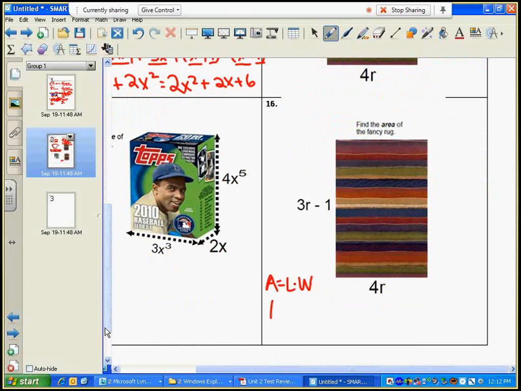So I've got my area is, I'm going to go ahead and put my width first, because multiplication is commutative. r squared plus 4r times negative 1 is negative 4r.